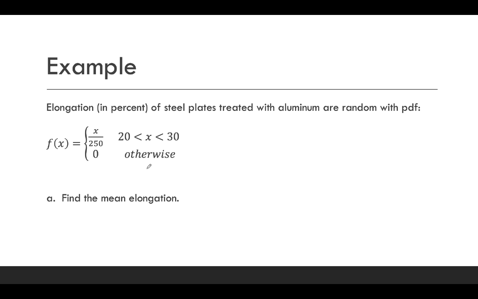Okay, so we were looking at this specific PDF and we want to find the mean. I'm just going to use the formula. So the formula for the mean is this guy here. But I'm missing my bounds.